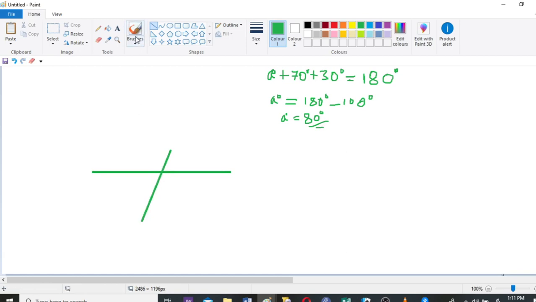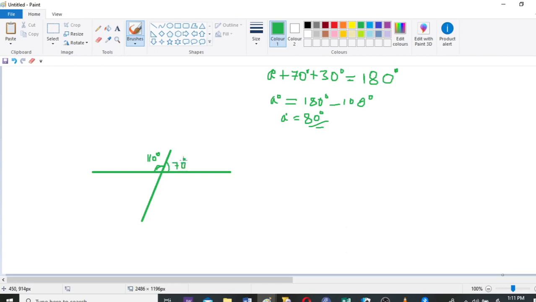So we have angles surrounding a point. Now suppose we have been given this angle is, let's say, 110. Then this angle here is 70 degrees.